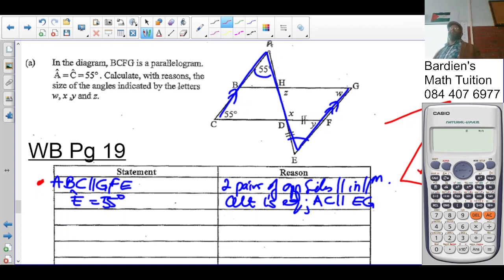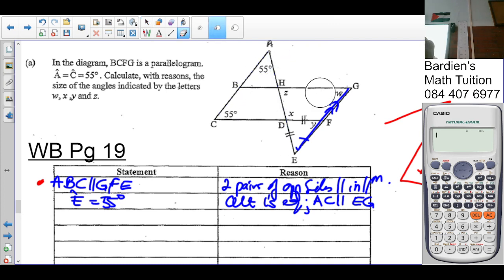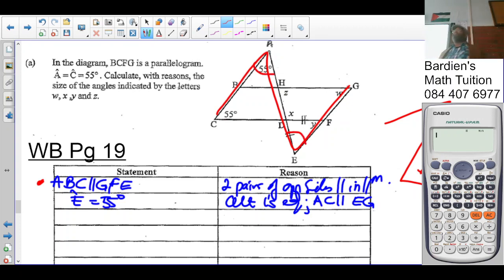The angles will only be equal if the lines are parallel. Could I use the fact that these angles are equal without stating that the lines are parallel? No. That is why I need to qualify it first. You understand?